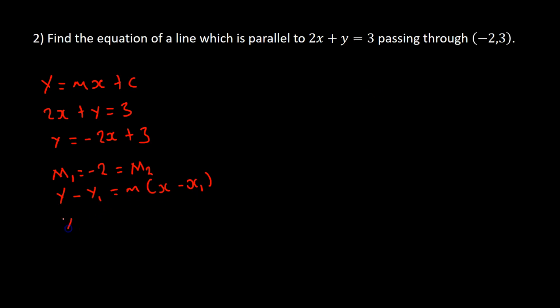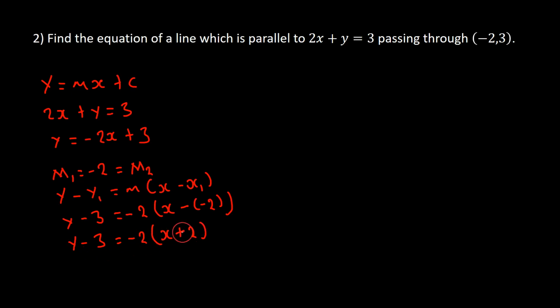On the coordinates which have been given, our y1 is 3, our m, the gradient, is negative 2, times x minus the x1, which here is negative 2. So let's rewrite this. Negative 2, x, negative 2. Negative multiplied by negative gives a positive, so let's write positive 2 here.